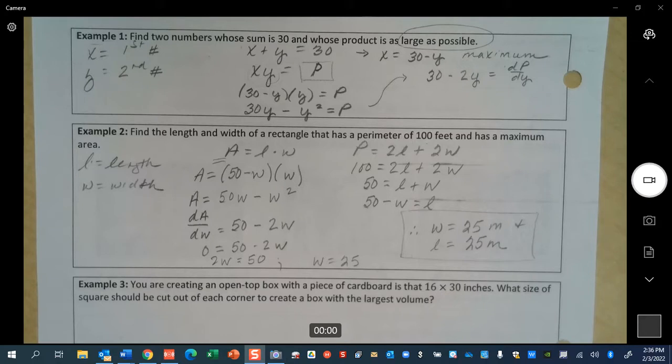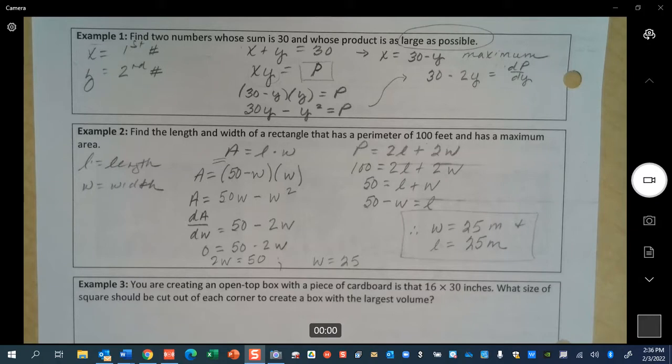There's no dW per dW. I only have one rate that I'm looking for, and I want to know, when is this derivative 0? So I put 0 in. If my width is 25, I plug back in here, my length is 25, and that's where I maximize my area.